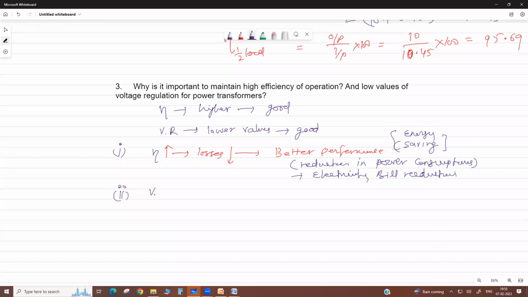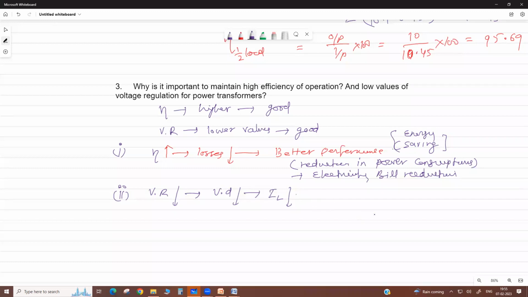Now the second part: if voltage regulation has a lower value, then the internal voltage drop is low. If the internal voltage drop is low, the load current is also reduced.